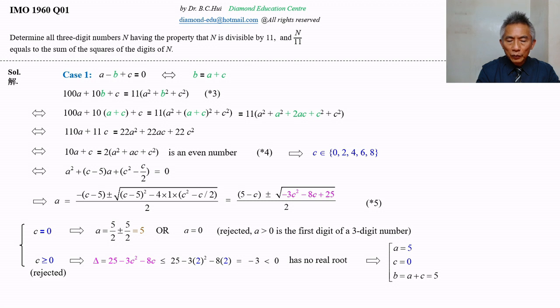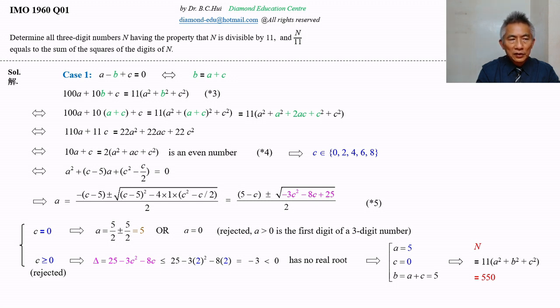So from case 1, we get one result, which is a equals 5, c equals 0, and b equals 5. And n equals 11 times open bracket a squared plus b squared plus c squared close bracket equals 550, which is one possible result.